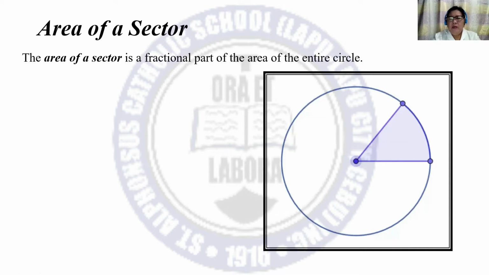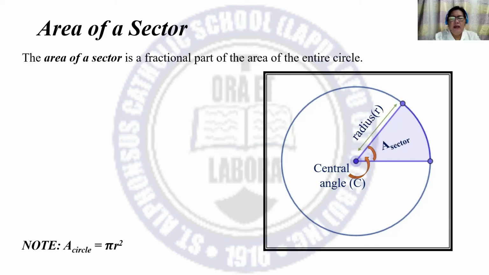By this time, we have to find the area of the sector. And then, let us locate also the central angle, which we are going to represent by C. So this part is the central angle. This is the radius represented by R. And we have to take note again that the area of the circle is equivalent to pi r squared.